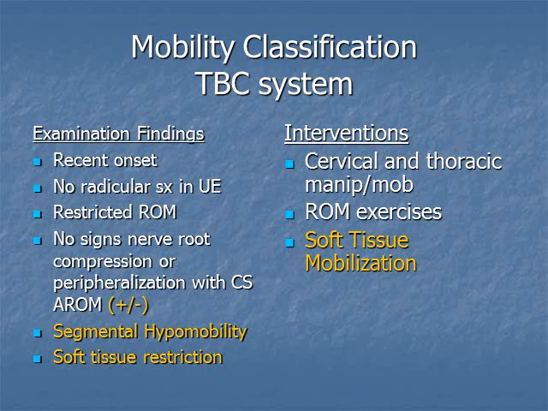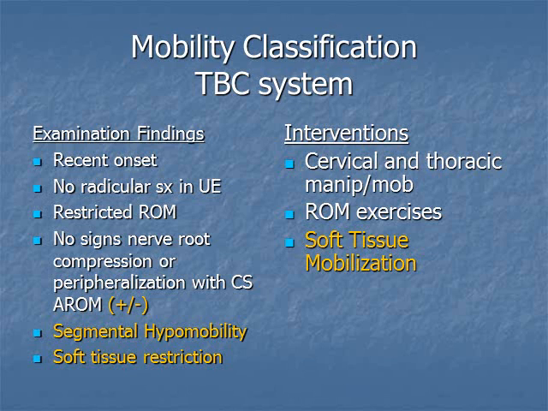Please note in the next few slides, the lettering in white is directly from the published treatment-based classification system, and the lettering that is in yellow is either from additional evidence that has been published since 2004 or based on my own clinical experience.